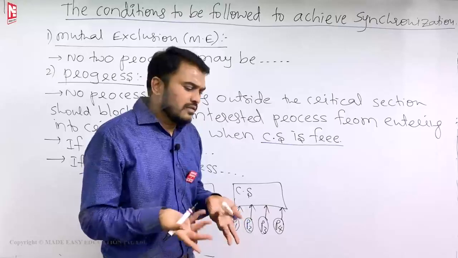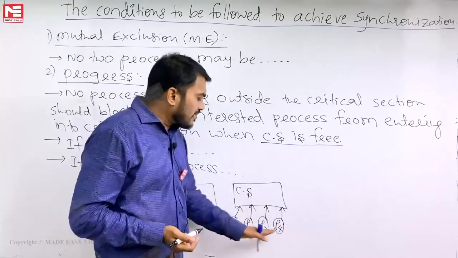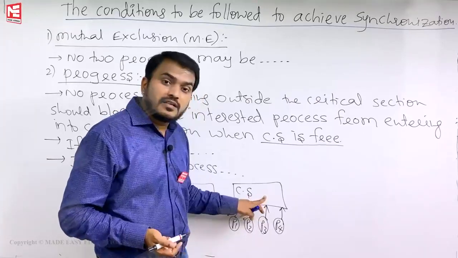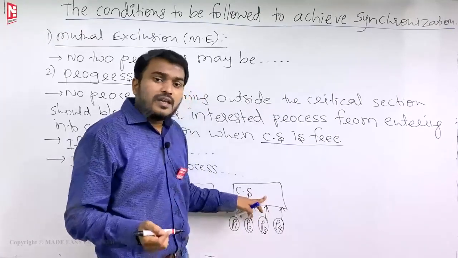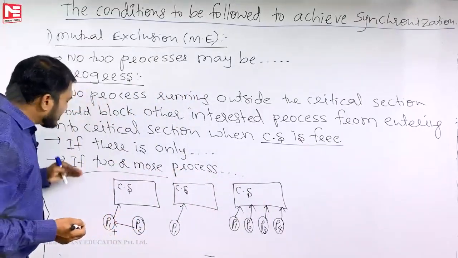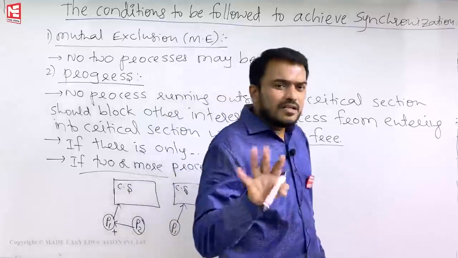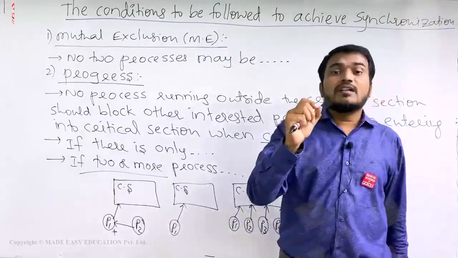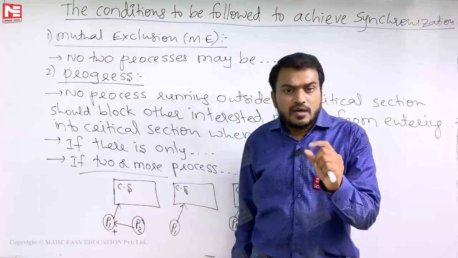Obviously, deadlock means there is no further progress. So, if two or more processes are trying to enter, definitely one process should enter into critical section. Is the point clear for everyone? Now, remember, the meaning of all the three statements is the same only. There is no difference. The logical meaning of all three statements is the same. Now, I will tell you one more thing.